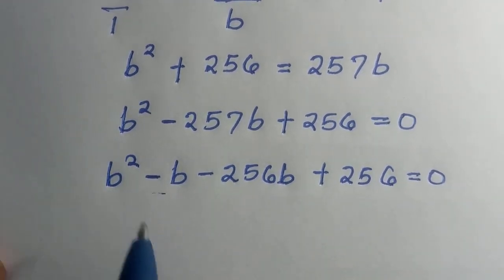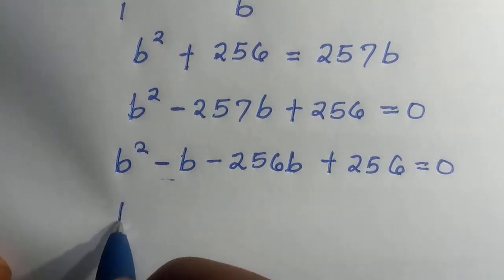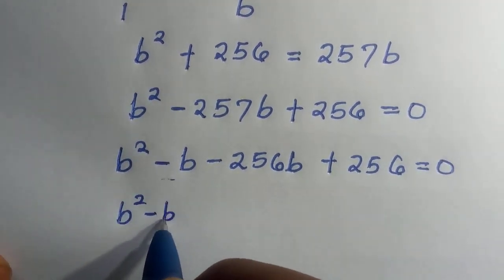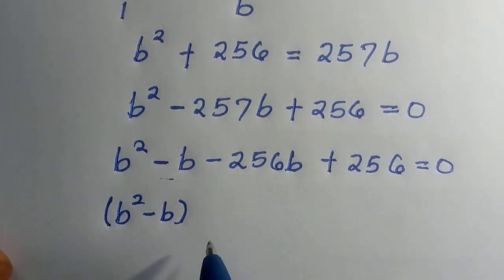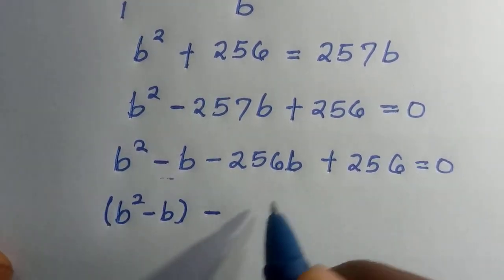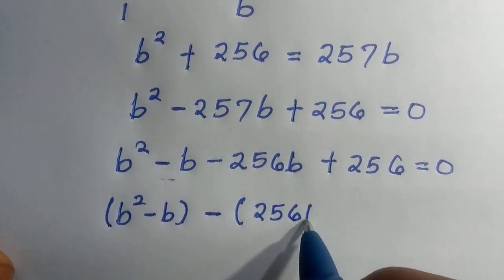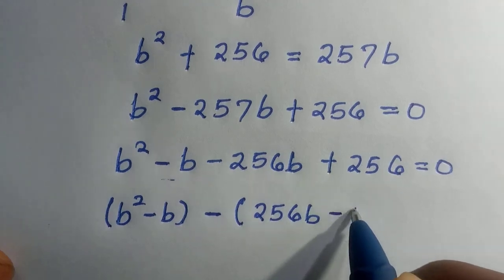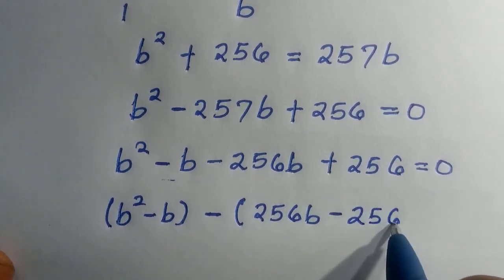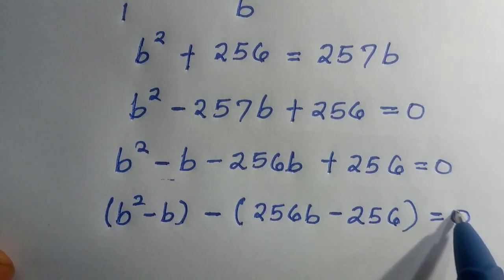So let's try to group this. We have this as b squared minus b in bracket, minus 256b minus 256 equals 0.